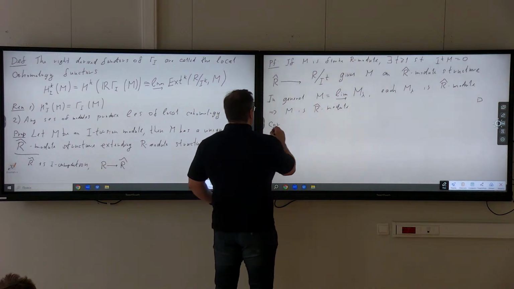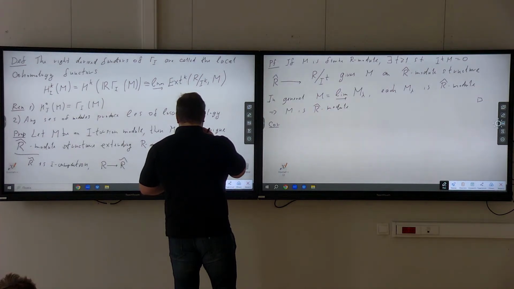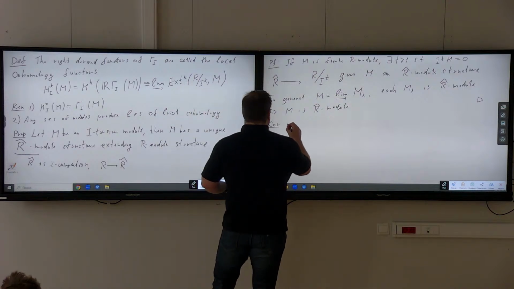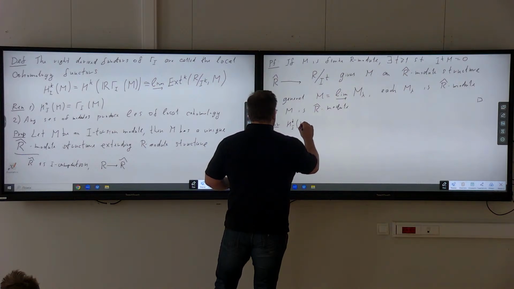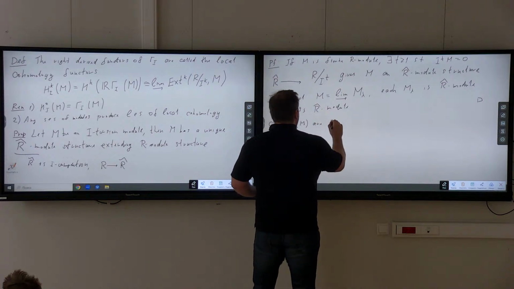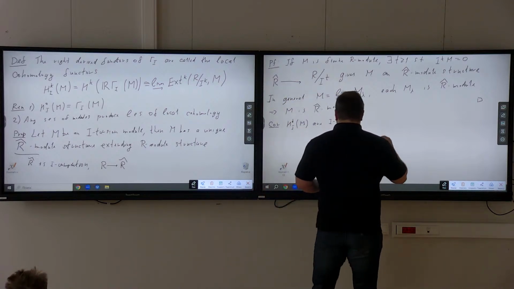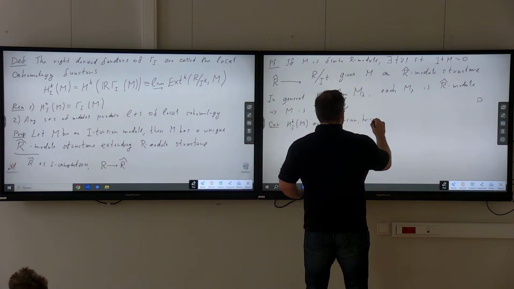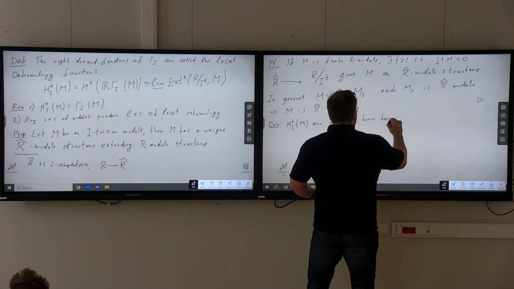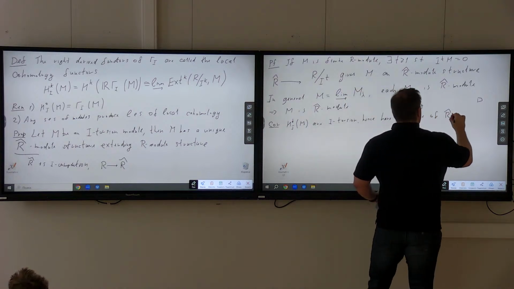Okay, maybe a corollary from this. Local cohomology of any ideal and any module is I-torsion, and hence has the structure of an R hat module.